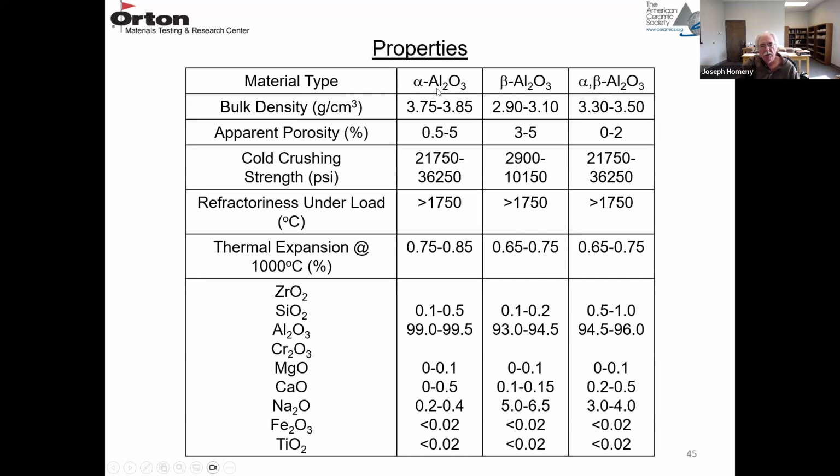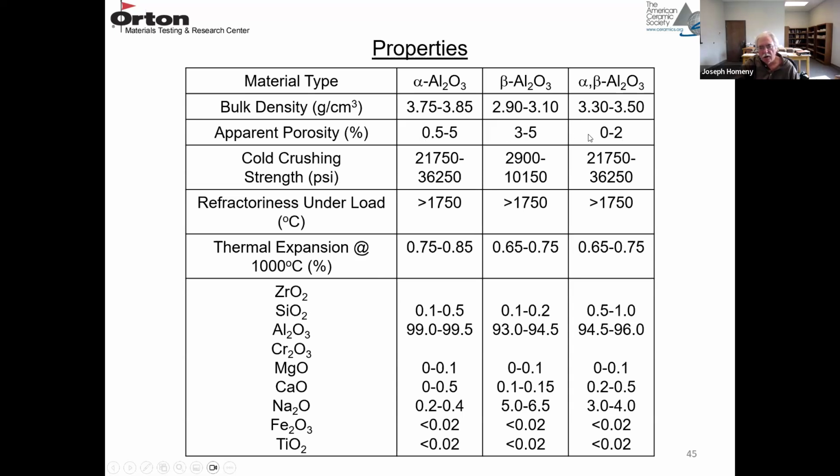So here's an alpha alumina, a beta alumina, and an alpha-beta alumina. These are the densities in grams per cubic centimeter, roughly 3.8. This is high alumina, so it's higher than the beta alumina, which is around 3. And then the alpha-beta alumina is in between, maybe 3.4.